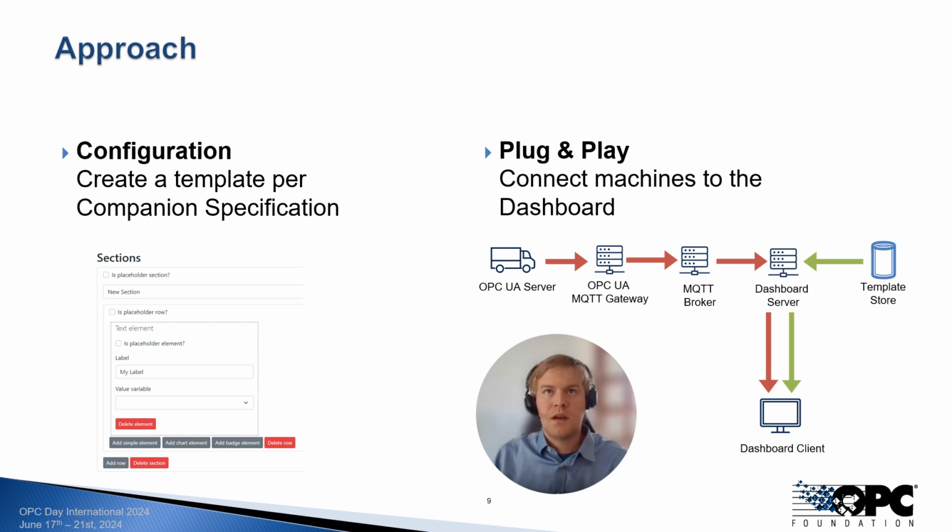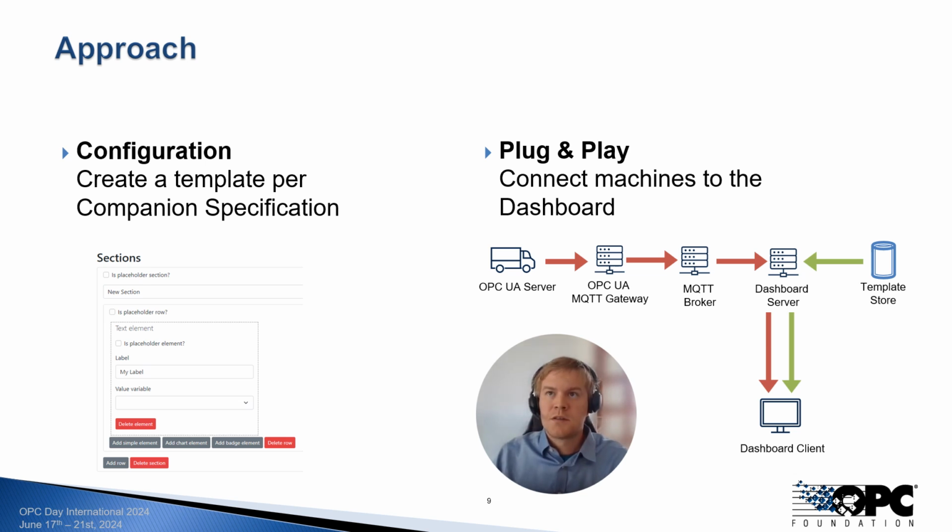We used a gateway to receive the data from the OPC UA server and make it available via MQTT. The gateway is the only part which needs to be configured for the connection of a new machine, and Thomas will demonstrate this later. The data is forwarded via the MQTT broker and the dashboard server to the dashboard client, so the web browsers.